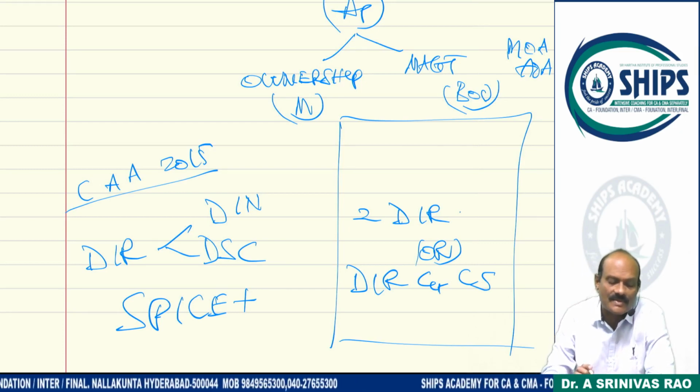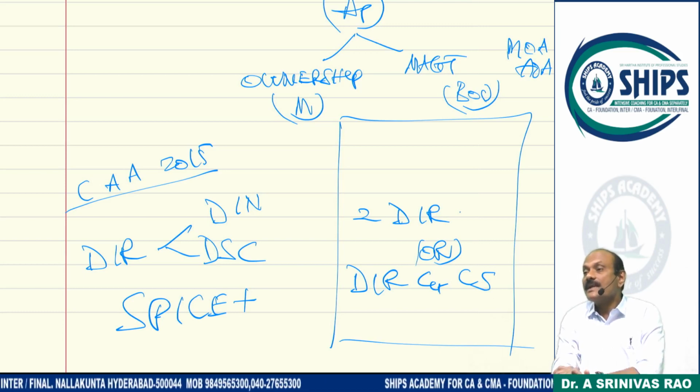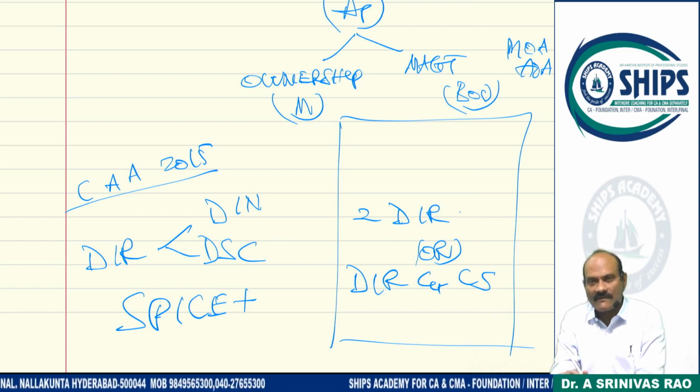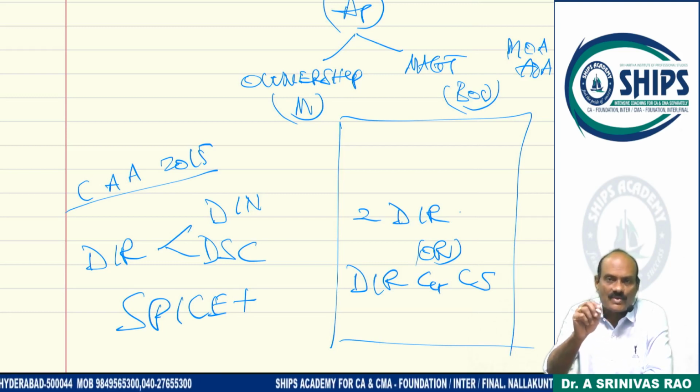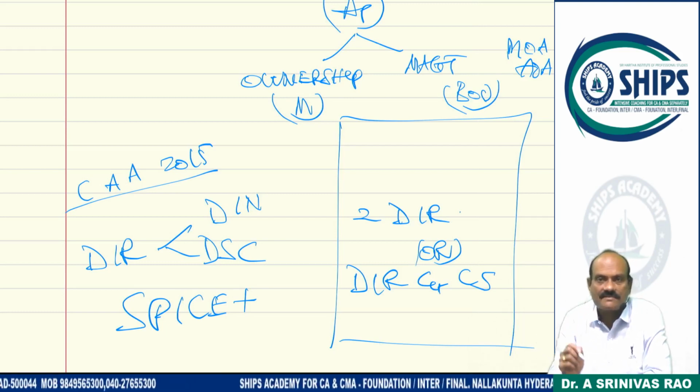So what I am trying to say here is that directors have digital signatures. Just one line I will say. If you sign with an ordinary pen, forgery is easy.